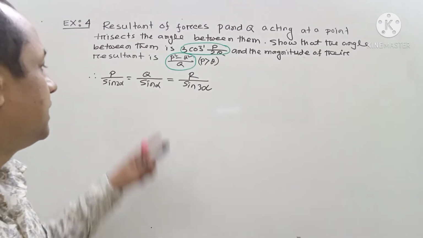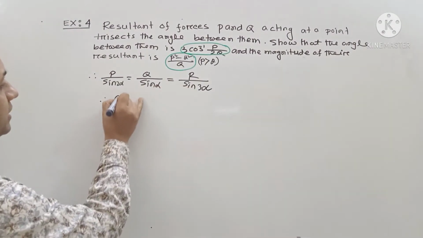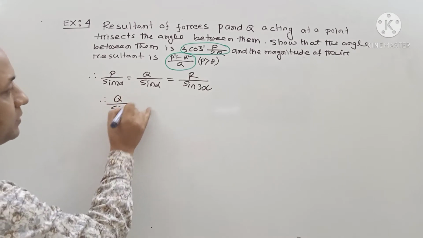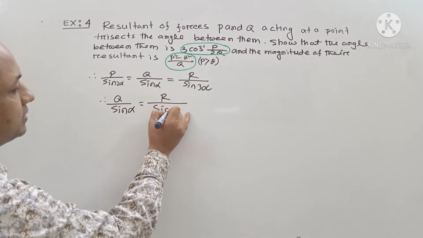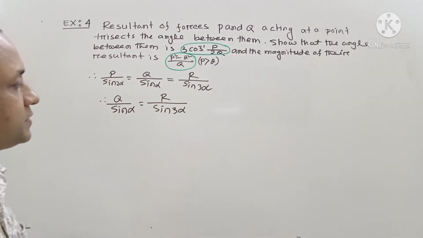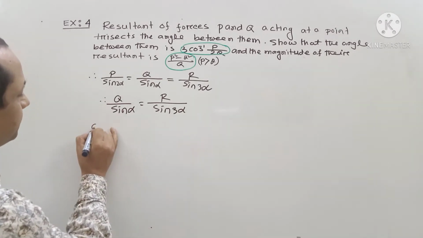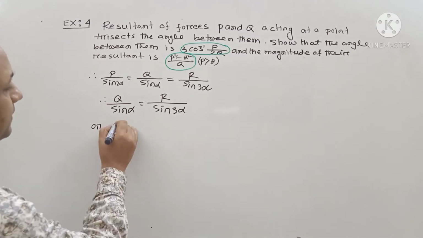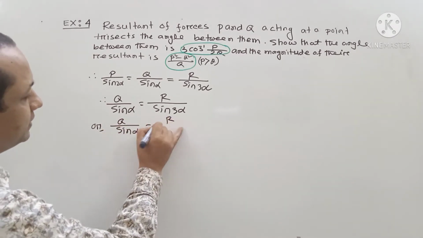P greater than Q. Now from the equation we have the second part Q by sine alpha, then we can write Q by sine alpha equals R by sine 3 alpha. Then find the value of the magnitude of the resultant force R. So we have Q by sine alpha equals R by sine 3 alpha.